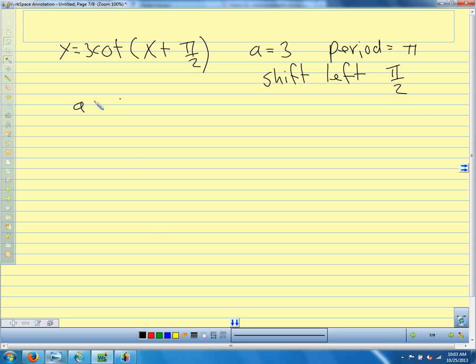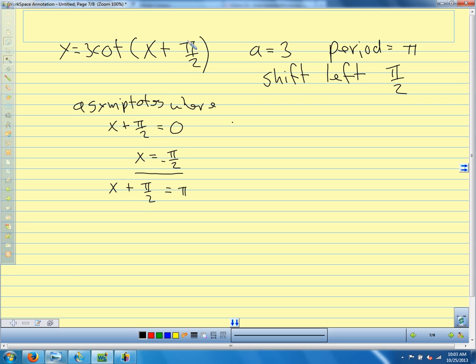We're going to find our asymptotes where x plus pi over 2 equals 0. So this tells me x equals negative pi over 2. It's one asymptote. Why did I think the correct equation was bx minus c?